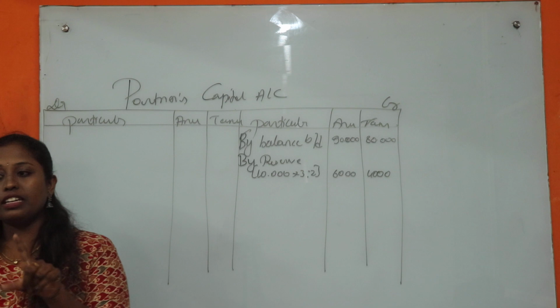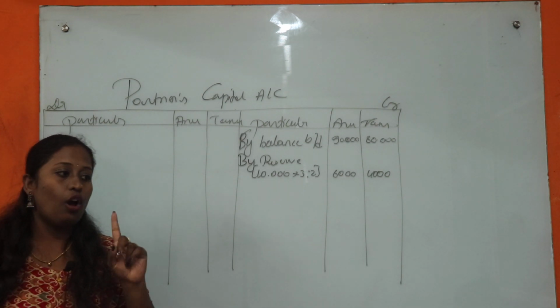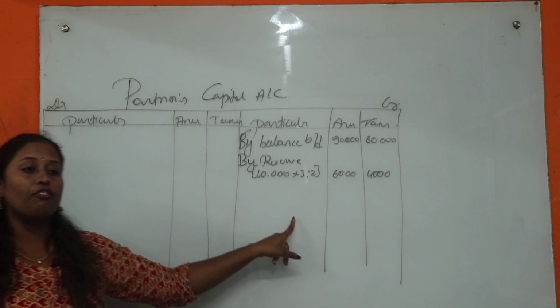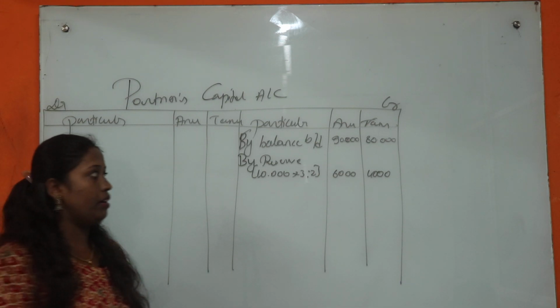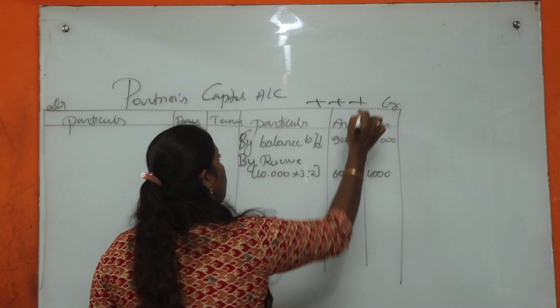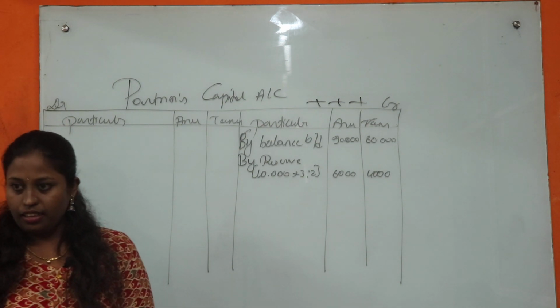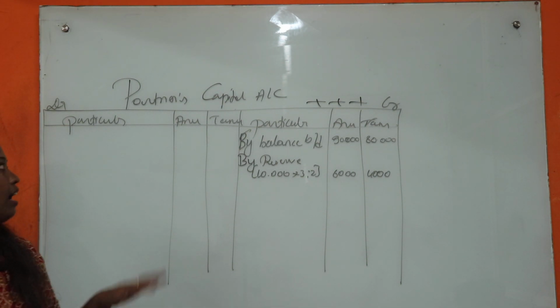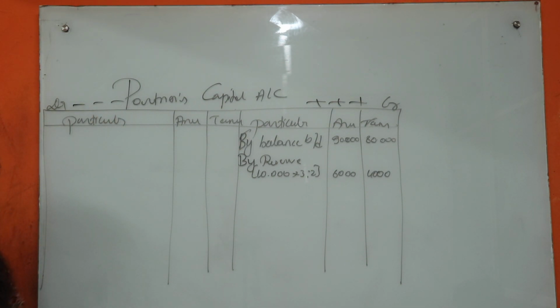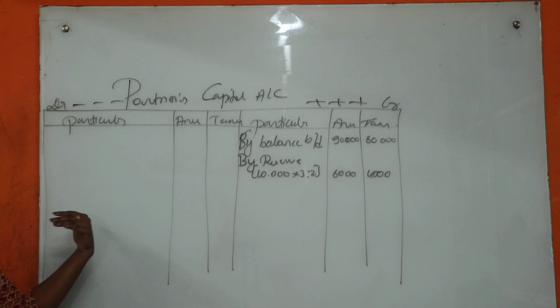If it is on the asset side, it means loss. Remember, we write here whatever is to be given to partners from the company side, and we take over here whatever partners need to give to the company, that means deducted from their account.